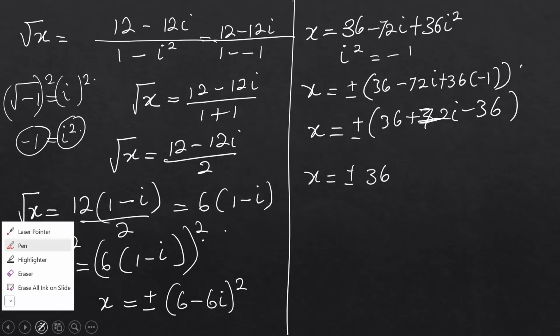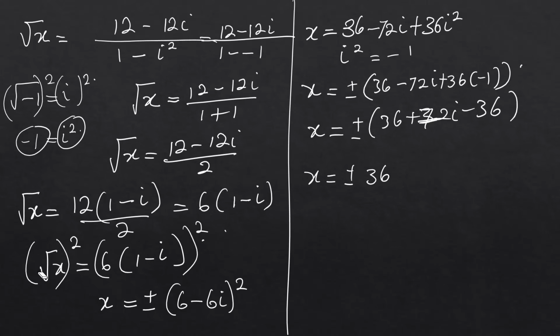Okay, they will cancel out. 36 is there already, so I won't take this time again to do that. So this 36 is going to minus 36. I have x is equal to plus or minus 72i. That is the answer. The value of x is minus 72i or plus 72i.